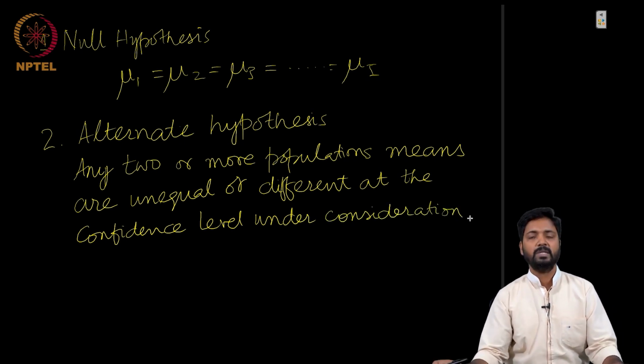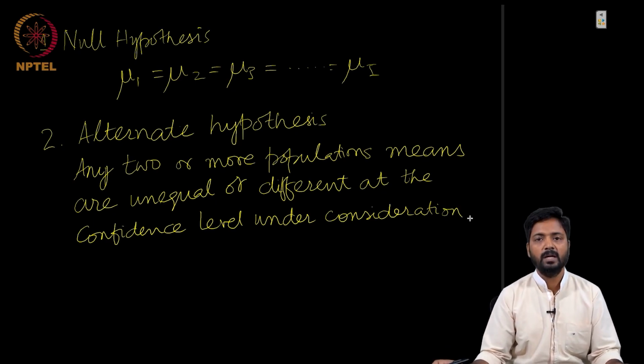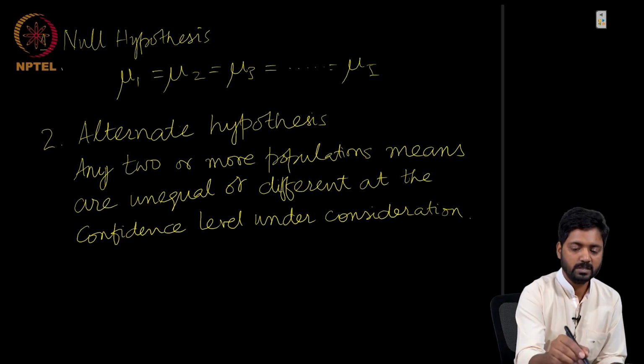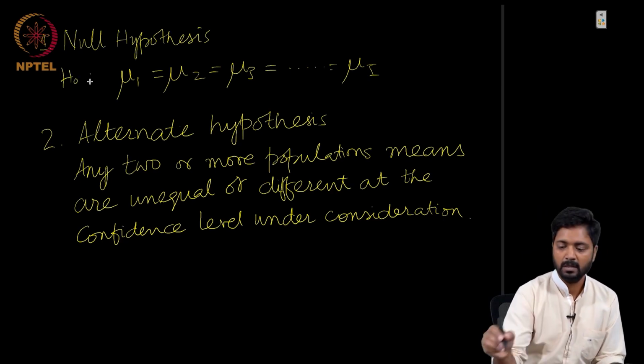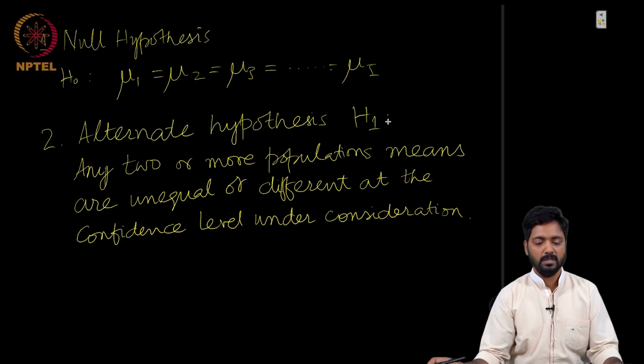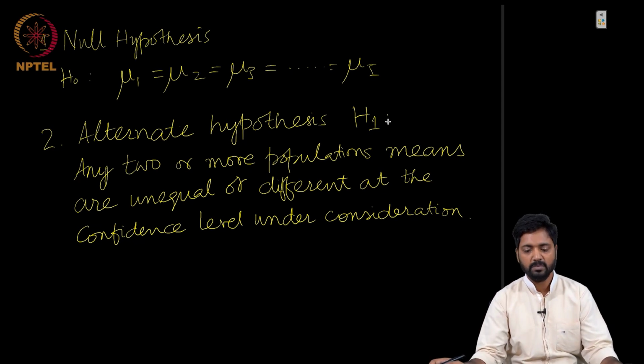So please note that in analysis of variance, we cannot tell precisely which of the 2 or 3 or n number of samples will have the population means different. The alternate hypothesis, which we denote as H1, is nothing but that any 2 or more population means are unequal.